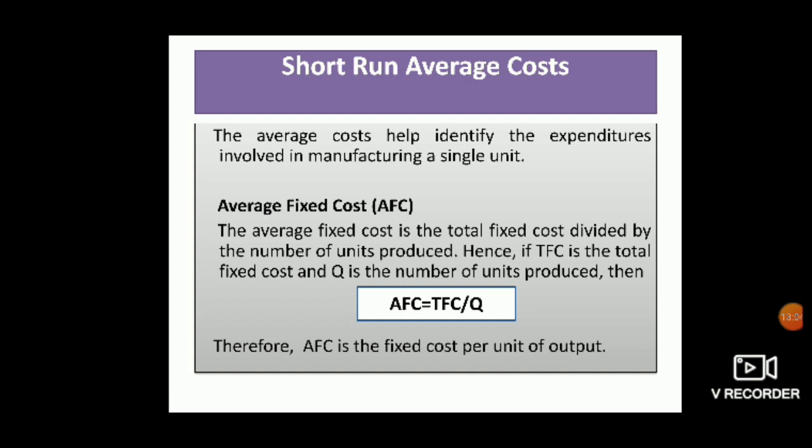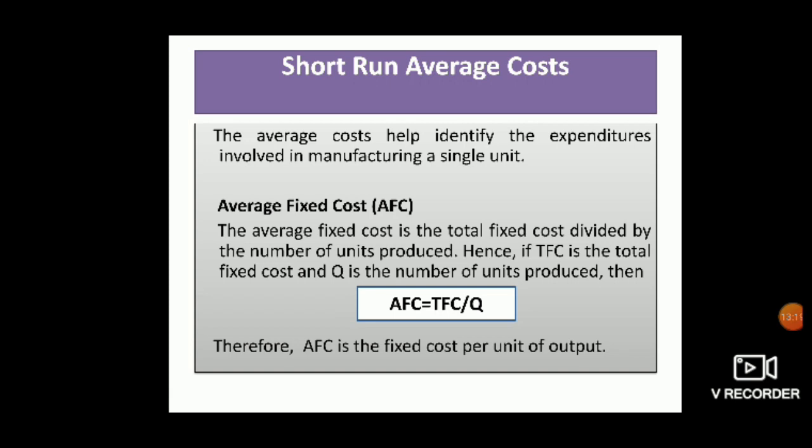So the formula of AFC is equal to TFC upon Q. TFC upon Q. Q means number of units produced. Thus average fixed cost is the fixed cost per unit of output.